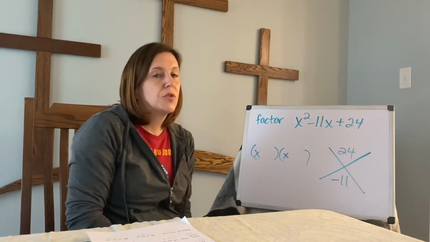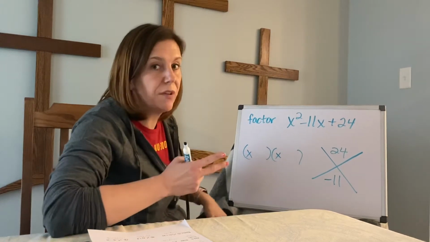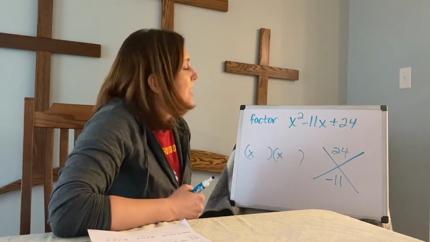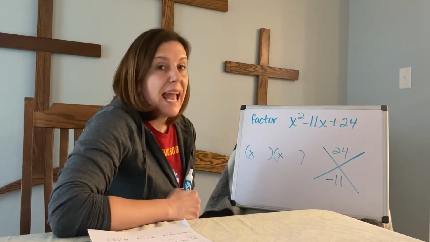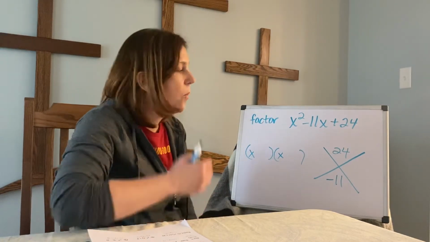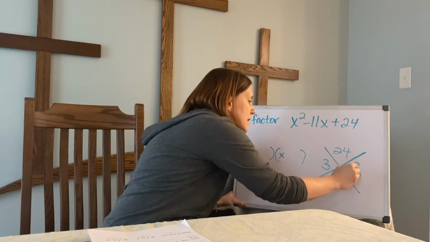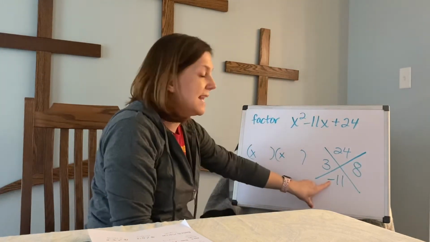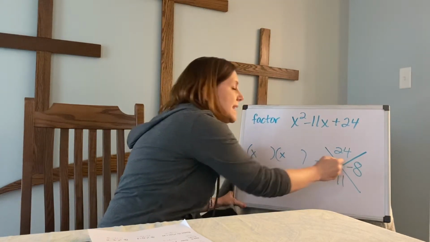Well, the factors of 24, we have a few more options to work with in this case. 1 and 24, nope. 2 and 12, close, but not right. 3 and 8, and 6 and 4. Well, of those, 3 and 8 look like it's about right here. But to get a negative 11, that means I need a negative 3 and a negative 8.